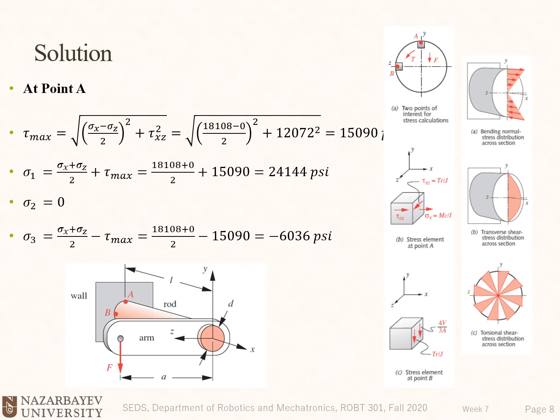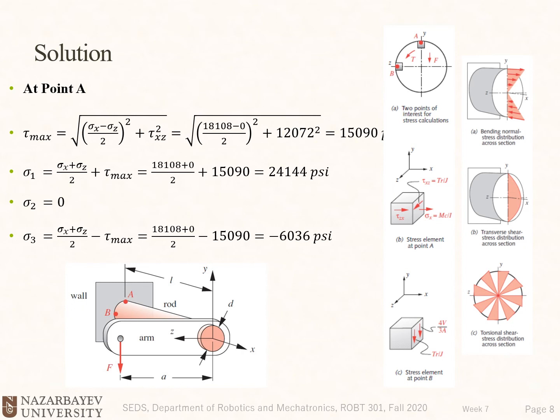So now we have sigma 1 and sigma 3 on our square element here, and we could easily represent them.